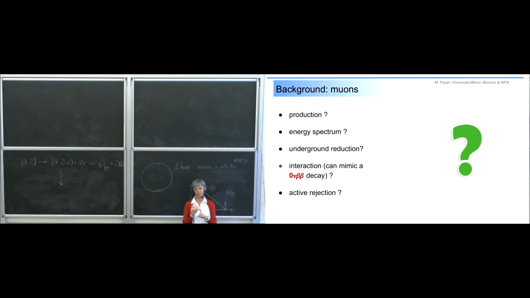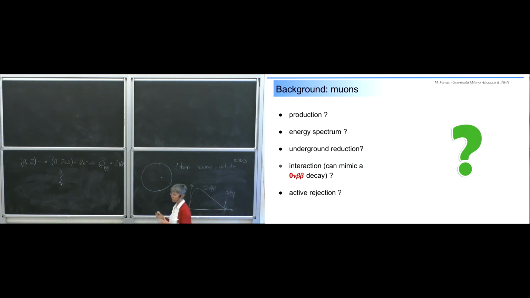So muons or cosmic rays are produced when cosmic rays come in the upper atmosphere. What is the major component of cosmic rays? Primary cosmic rays are protons. They start interacting at about 10 kilometer depth in the atmosphere.